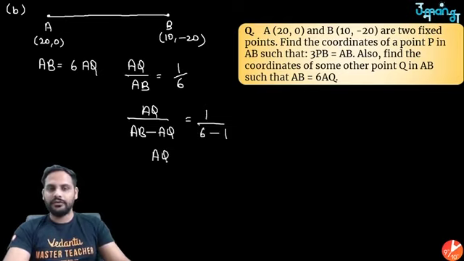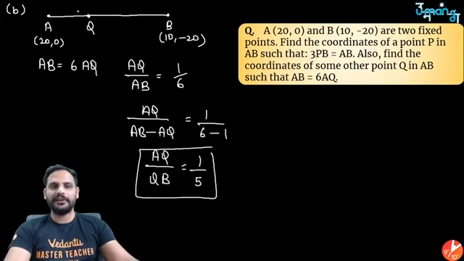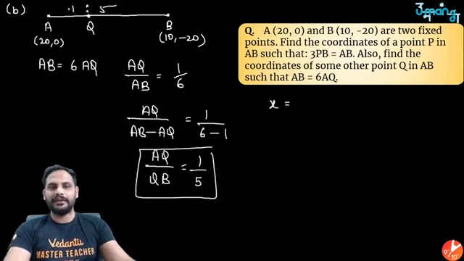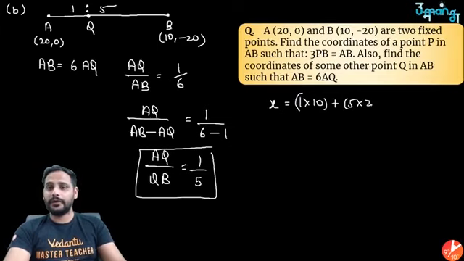So AQ upon, let's say Q is over here. So AB minus AQ will be equal to QB, and 6 minus 1 is 5. तो रेशियो मिल गया बेटा. क्या मिल गया रेशियो? 1:5. Find the coordinates. The x coordinate of point Q will be (1 into 10 plus 5 into 20) divided by 1 plus 5.